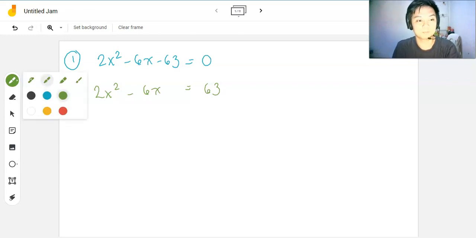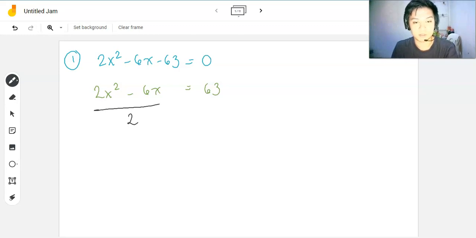Next is to divide both sides of the equation by 2. Kasi yun ang coefficient ng quadratic term natin. Remember, sa completing the square, we want that the value of a, the coefficient in the quadratic term, is just 1.